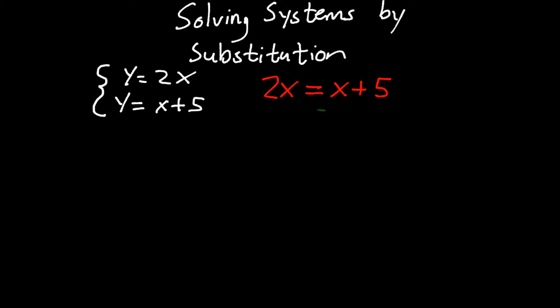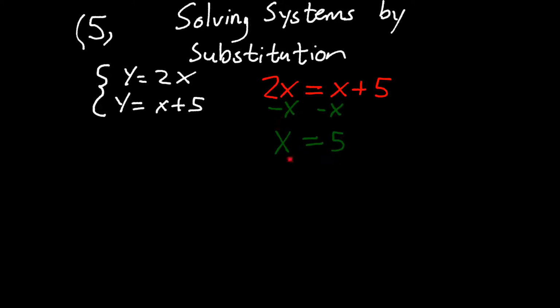So I'm going to subtract x from the right to get rid of it on the right, and that's going to subtract 1x on the left. 2x minus x is single x, just 1, and that's going to equal 5. So I now have the first part of my answer. X equals 5. And when I create my coordinate, that is the solution, my x-coordinate will be 5.